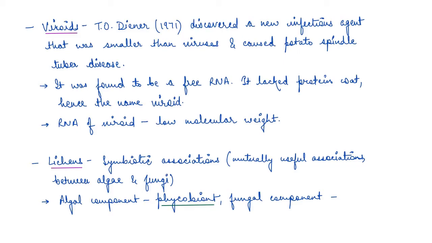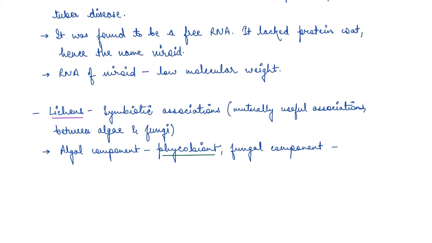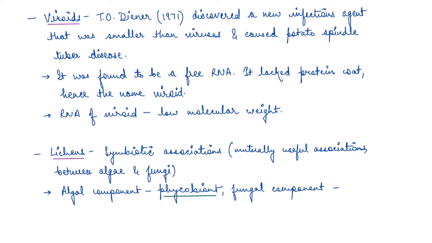He found it in potato as the potato spindle tuber disease. They were found to be free RNA. It doesn't have a protein coat, and that is the reason they are named viroids. Now the RNA of a viroid has a very low molecular weight. Okay, so these are viroids.